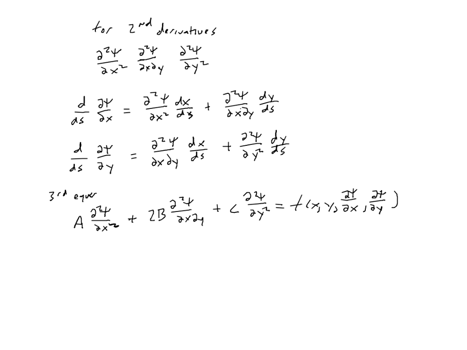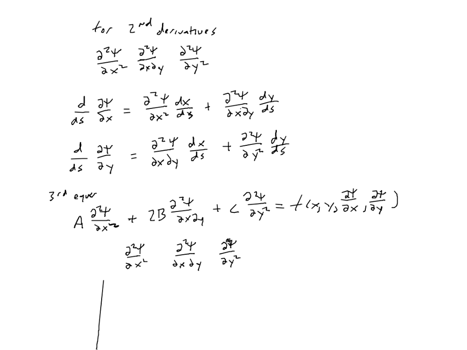So what happens is you've got these equations, and you're basically going to create a matrix out of them. The first column is going to be the second derivative with respect to x. The second column is going to be the second derivative with respect to both x and y. And the third column is going to be the second derivative with respect to just y. And you can see I have the other terms that are missing here.